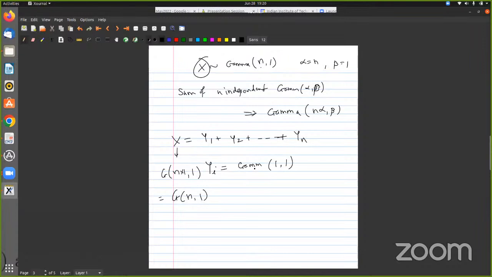We can write this like this, right? I have a question. In the problem, alpha is given as n, isn't it? Yes, alpha is n and beta is 1.